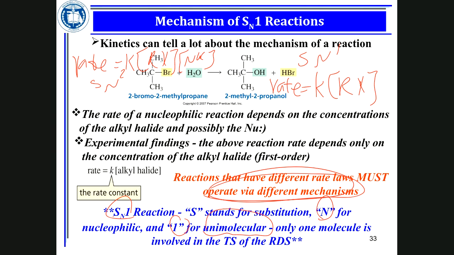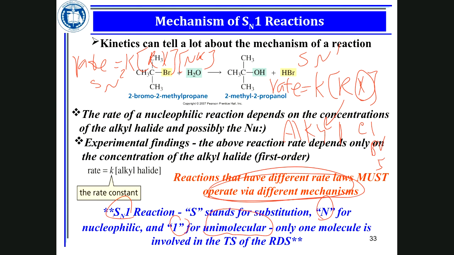R is the alkyl group, the representative group, so any alkyl or aryl group can be represented by R. And X is coming from group 7A of the periodic table, and that is a halide. So it could be chlorine, bromine, iodine, or fluorine.